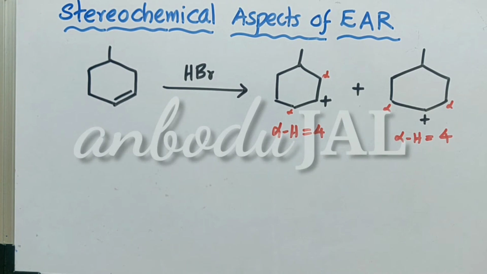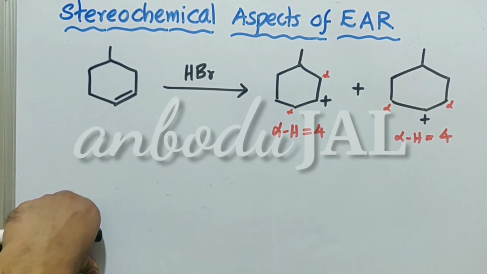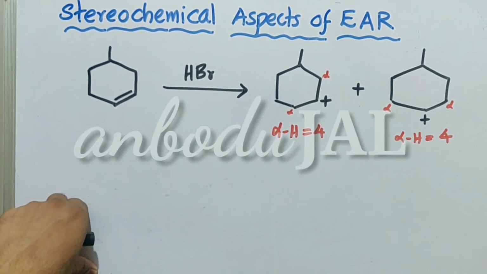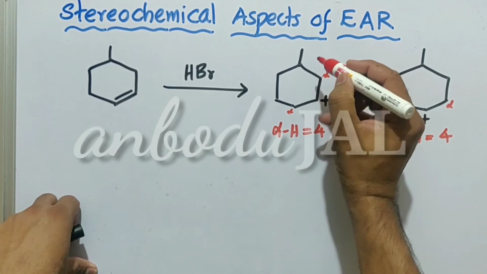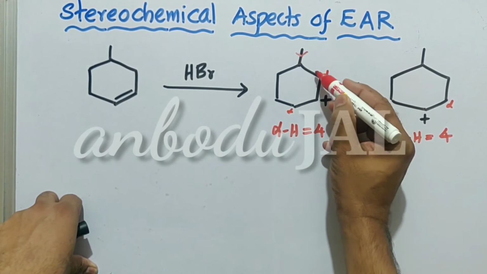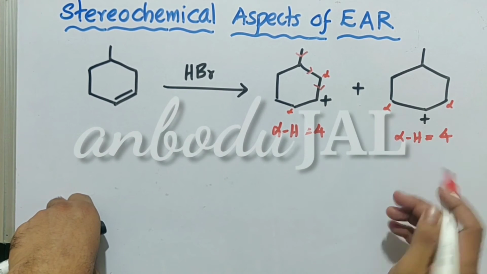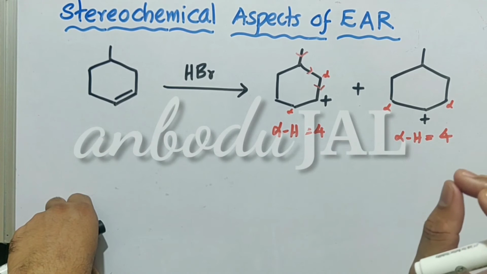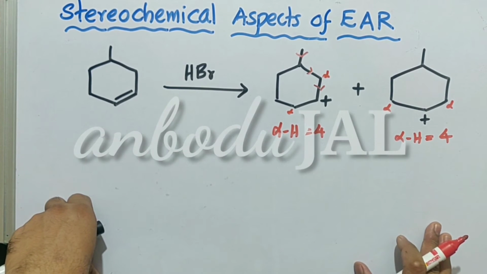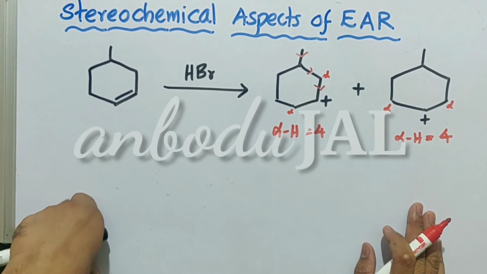Then we have to consider inductive effect. CH3 group is a plus I group. Okay, being a plus I group, CH3 pushes the electron like this. As a result, the pushing comes here. You know that stability of carbocation increases due to the decrease in positive charge on carbon.